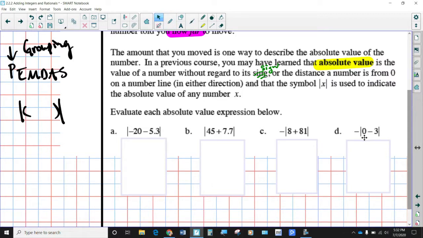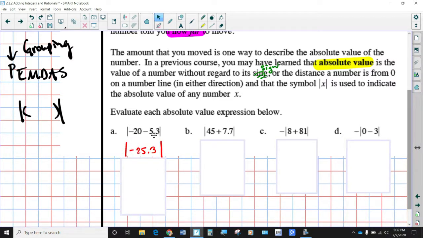Then I want you to find out what the absolute value is, and you'll have to start by thinking about what we did on the previous page, about here's your starting point, and you're going to go to the left 5.3 units. You started at -20 and you went 5 units to the left, you'd be at -25, right?